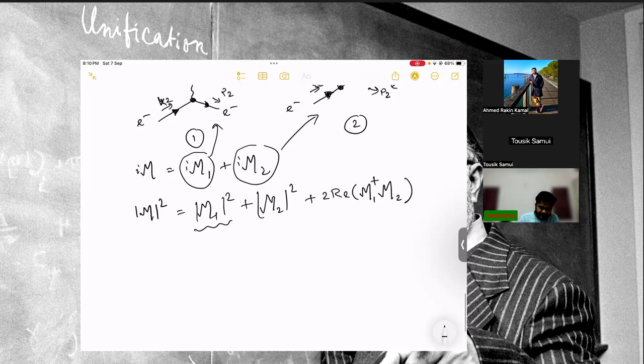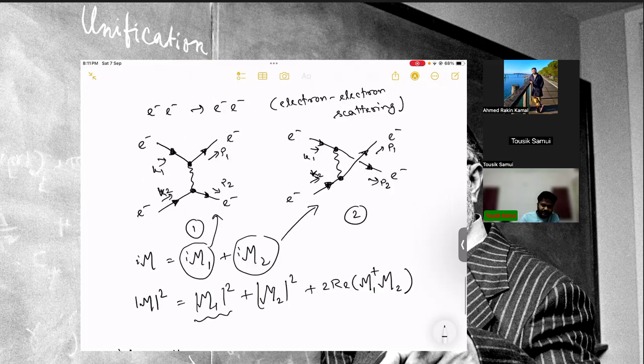So iM1, which represents the first diagram, is computed as follows. What we have to do is start from the fermion line, going backwards against the fermion arrow.